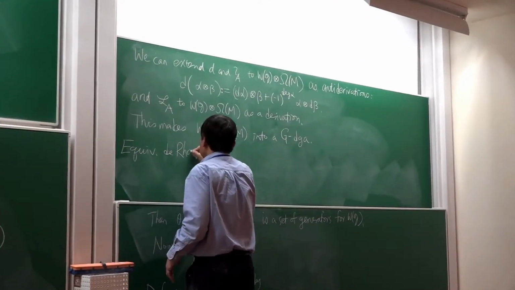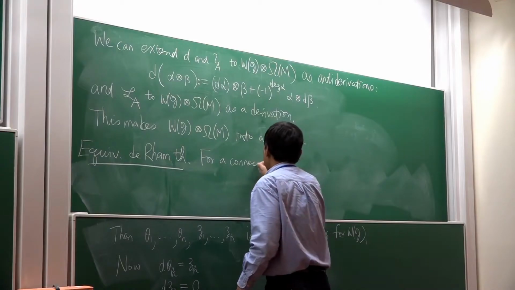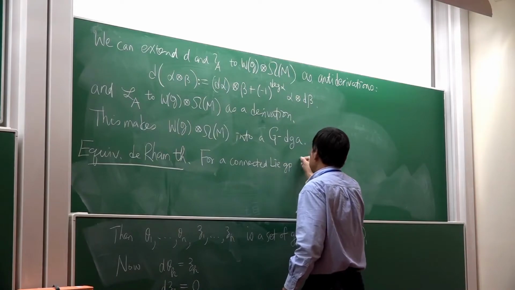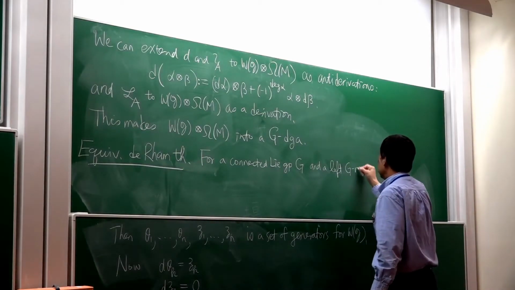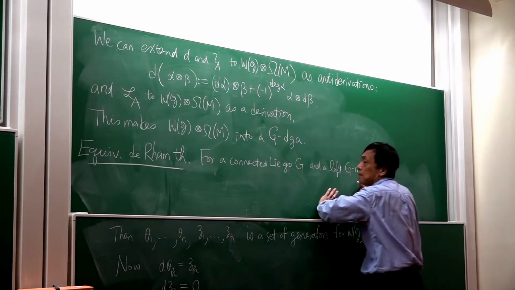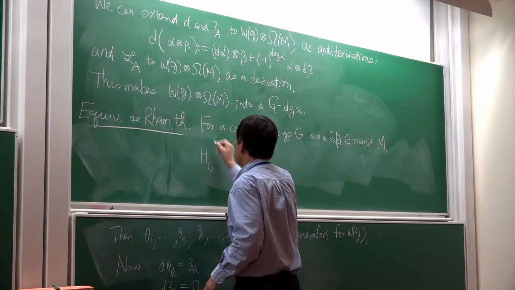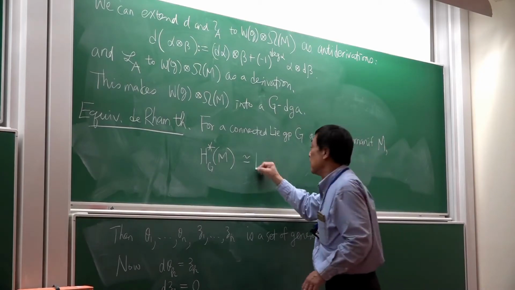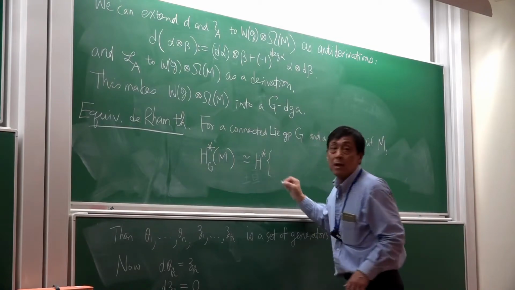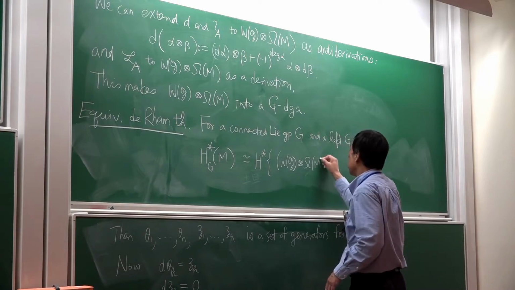And so the equivariant de Rham theorem says that for a connected Lie group G and a left G manifold M, the cohomology of the homotopy quotient, that's equivariant cohomology, the equivariant cohomology of M can be computed from the cohomology of the basic elements of WG tensor Omega M. Oh, okay.